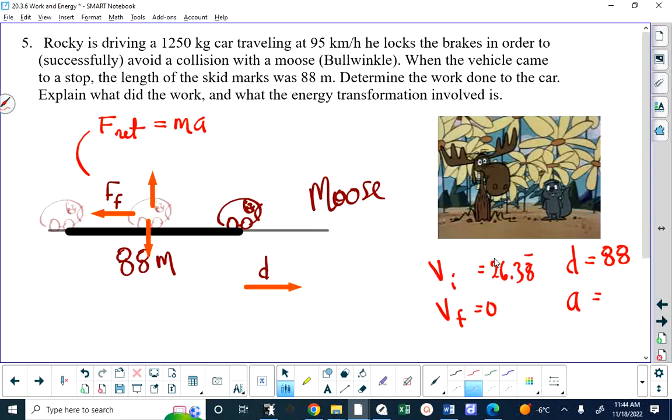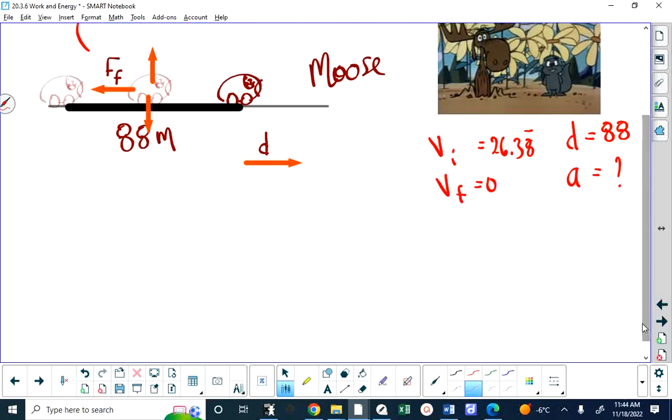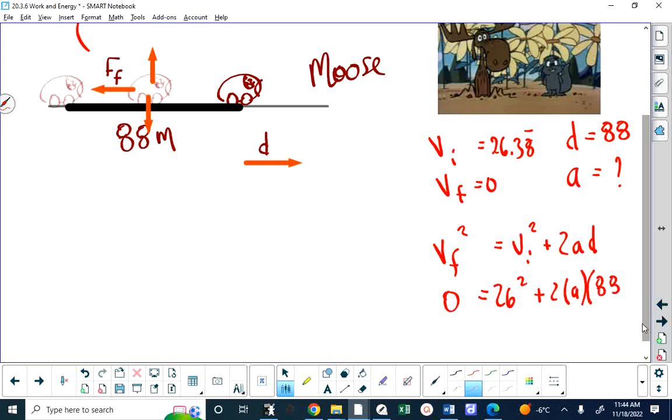I'm just leaving the units out here. How do we find the acceleration? I know it's been a while, but VF squared equals VI squared plus 2AD. So we're going to have 0 equals 26 squared plus 2 times A times 88. I just knew I wouldn't have enough room to write 26.38 repeating, so I just wrote 26.